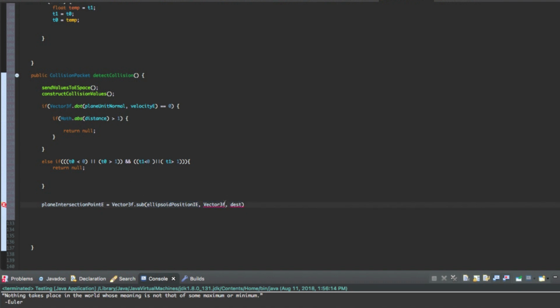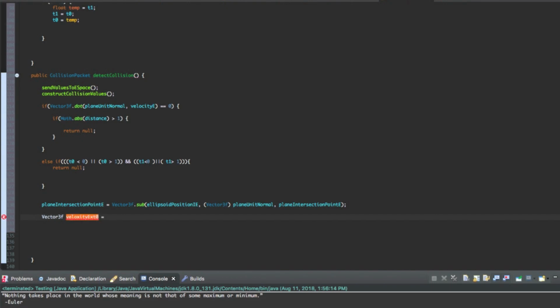And I'll cast that to a Vector3f. And we'll store that in the planeIntersectionPointE. And then we also need to have that velocity times t0 in there as well.